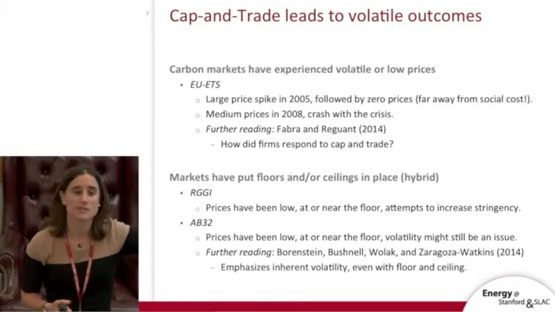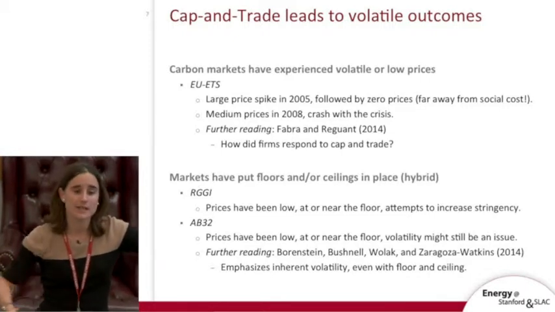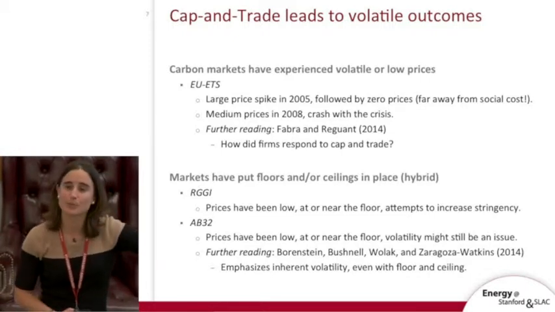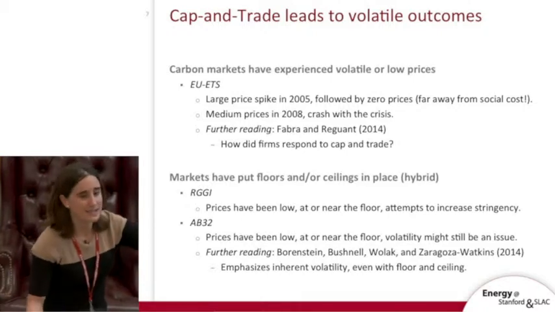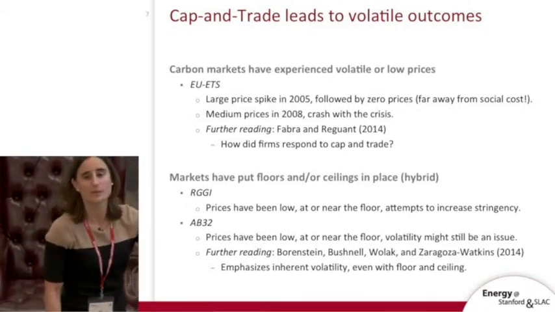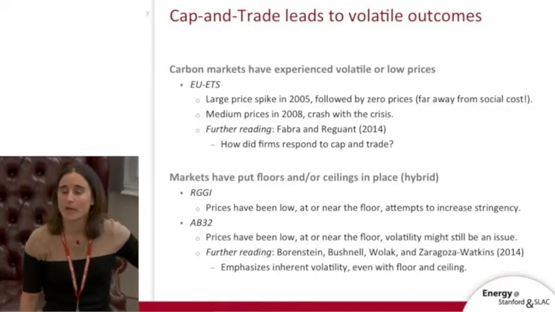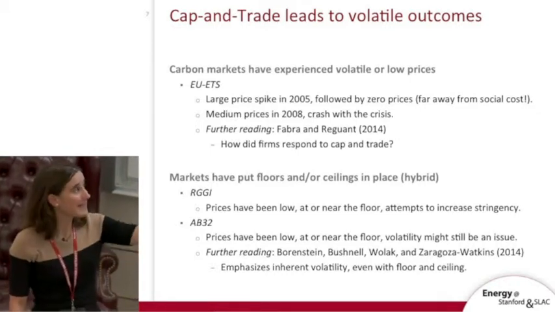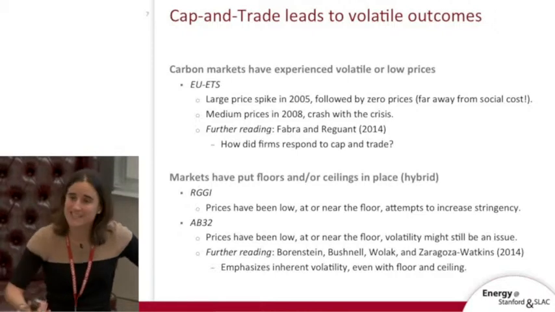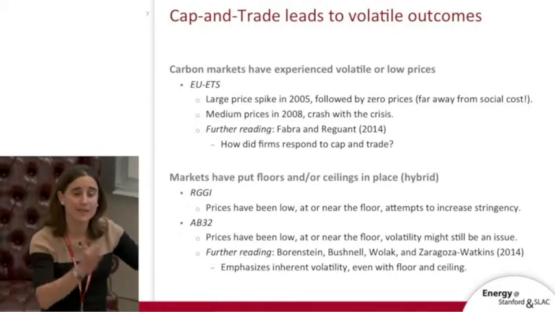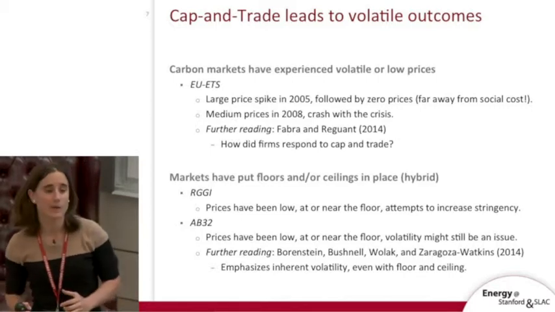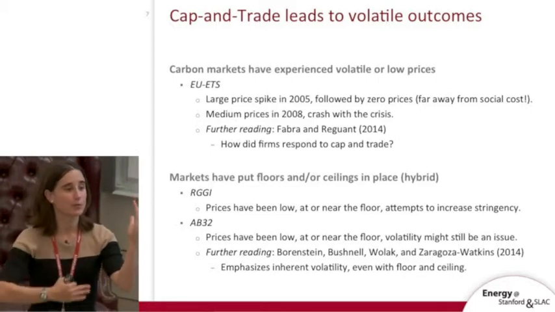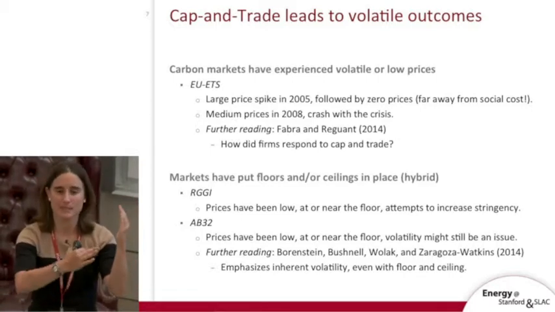In practice, though, we still see very, very low prices. So these floors that have been put in place many times appear to be binding at levels that, again, seem to be below what the social cost of carbon would be. Okay, but again, it's just a way to improve the design, move away from prices versus quantities, and have this hybrid mechanism, okay, where we have a cap, but we also limit the price.